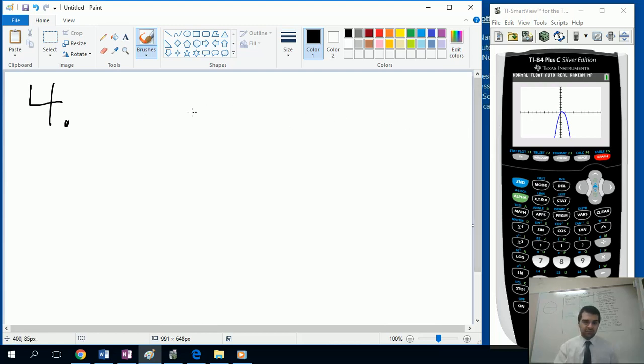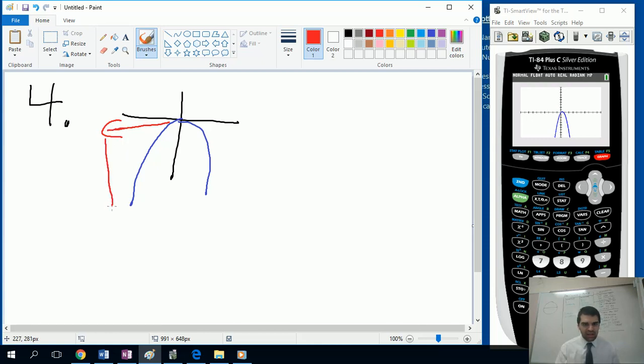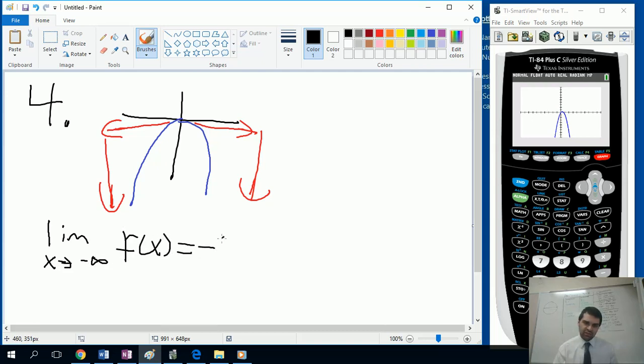So if you notice, we have a function like this, and as x approaches -infinity, y approaches -infinity. And as x approaches positive infinity, y approaches negative infinity. So we're going to write that in limit notation. The limit as x approaches -infinity of f of x is equal to -infinity.